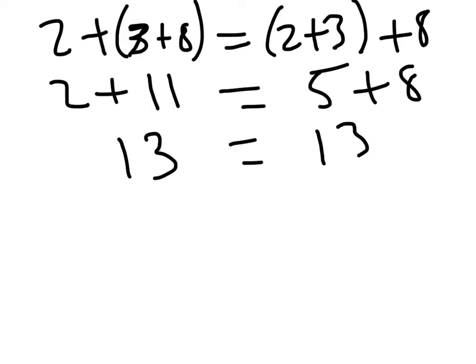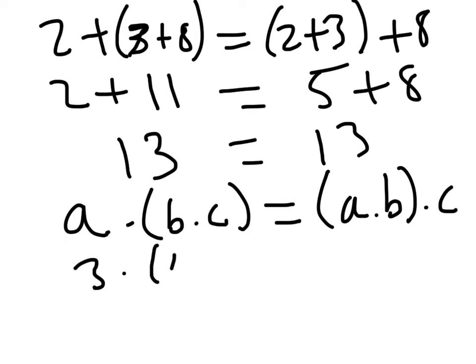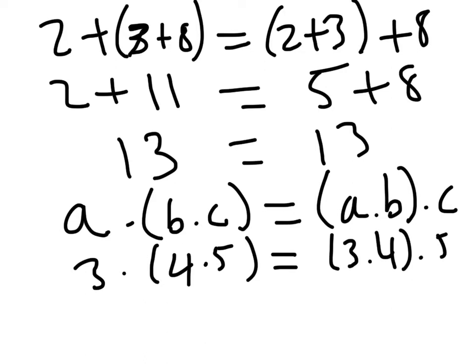The associative property also works with multiplication, and here's what it looks like. If you have (A times B) times C, it is also equal to A times (B times C). Now let's use an example to verify it. (3 times 4) times 5 is equal to 3 times (4 times 5).